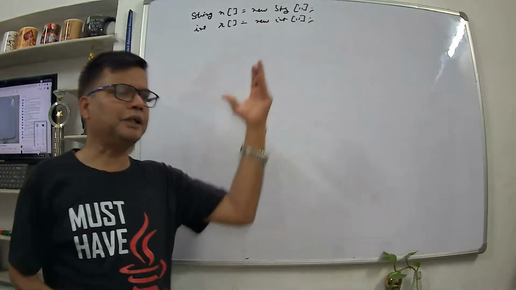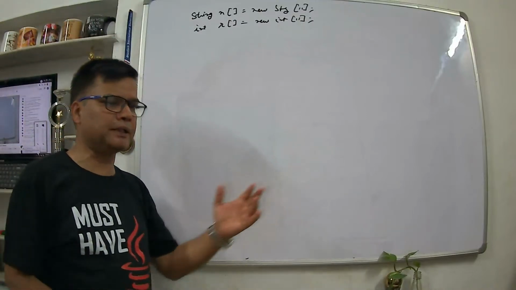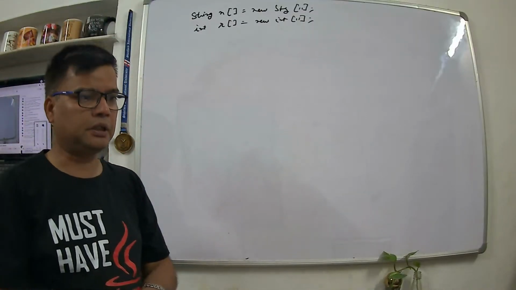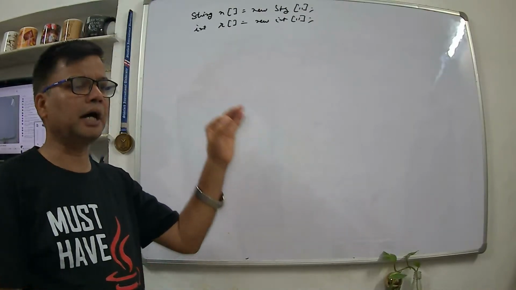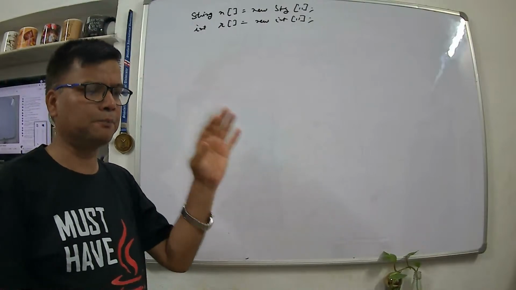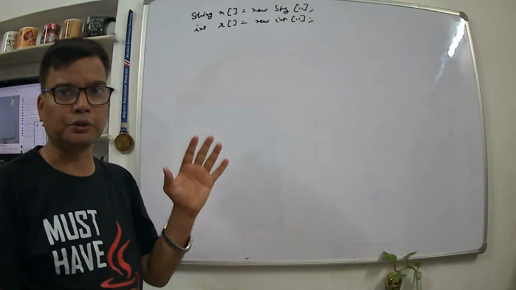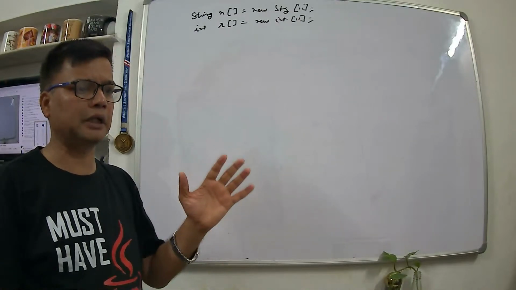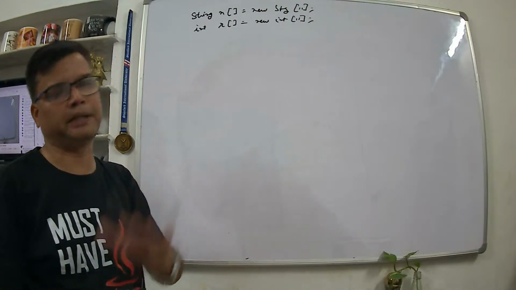The question says write a program to input the names of 11 players and the runs scored by them in 2 different arrays, and find the highest run scored and also find the name of the player.